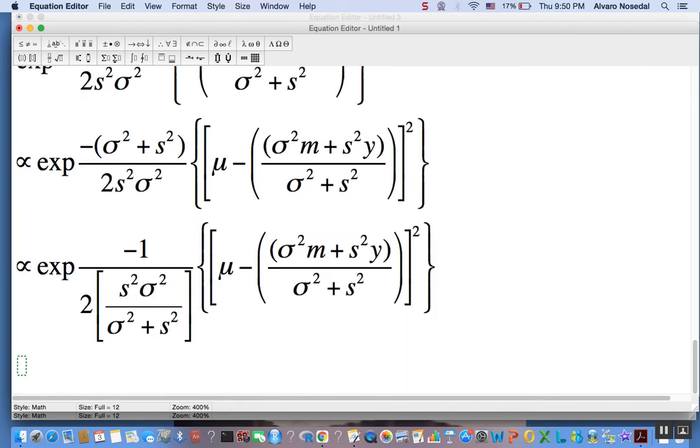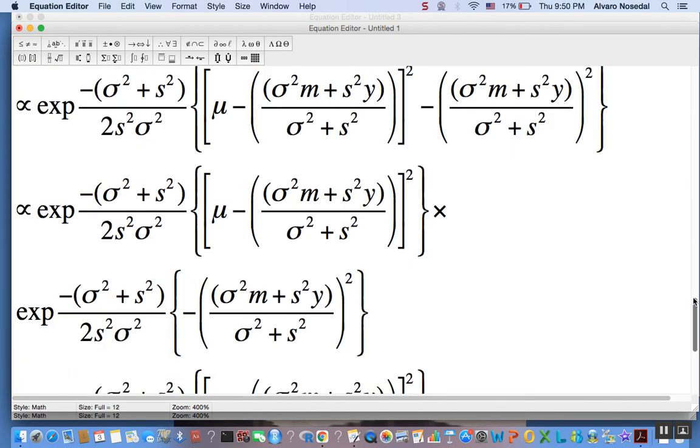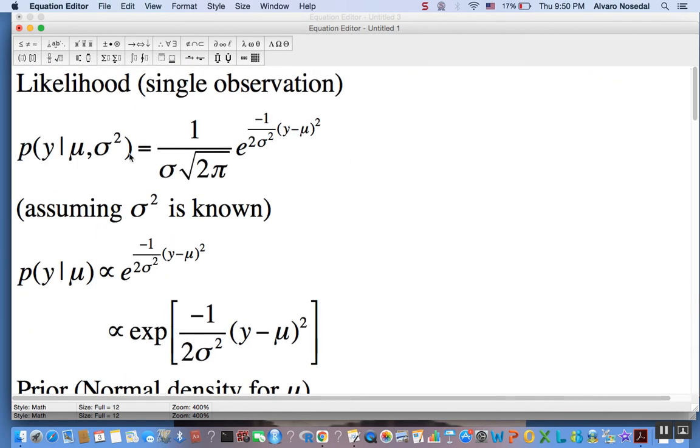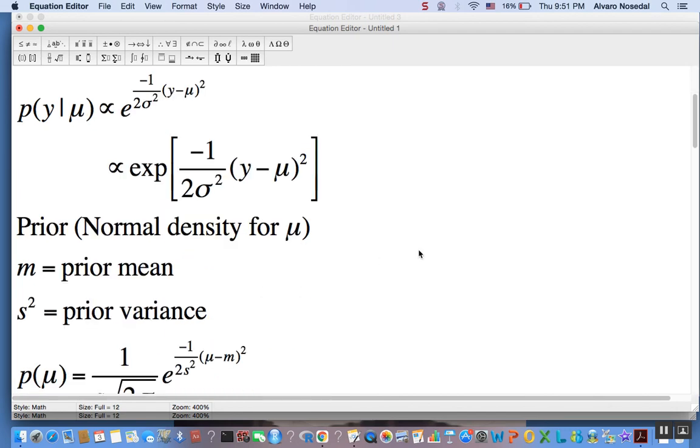Why do I care about that? Let's see the expression of the PDF of a normal with mean mu and variance sigma squared. If we ignore the normalizing constant, the kernel looks like this: e to the -1 divided by 2 times something squared times y minus the mean, squared. So we have -1 divided by 2 times something squared.